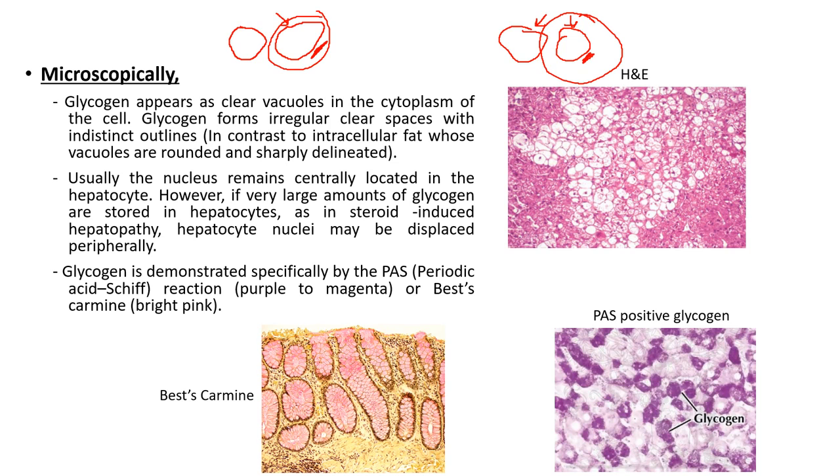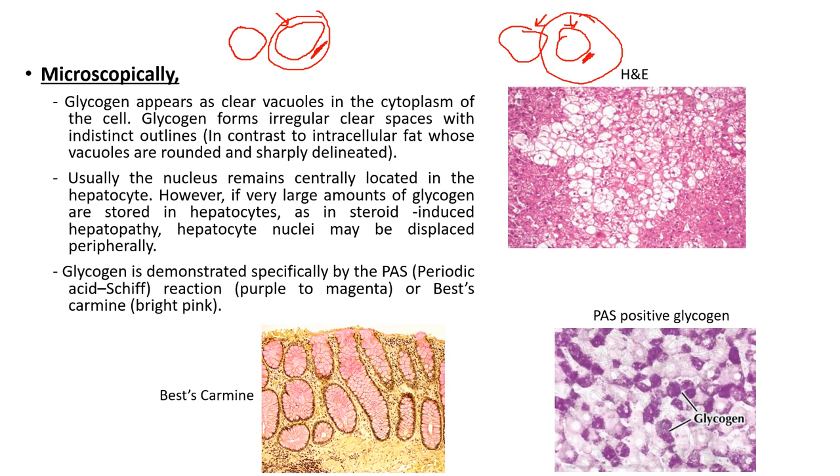So the nucleus remains centrally located in glycogen infiltration, but in very rare conditions, these vacuoles can push the nucleus towards the periphery as well.